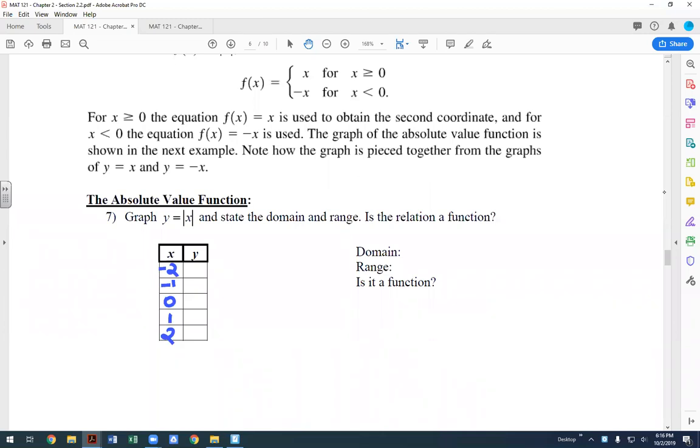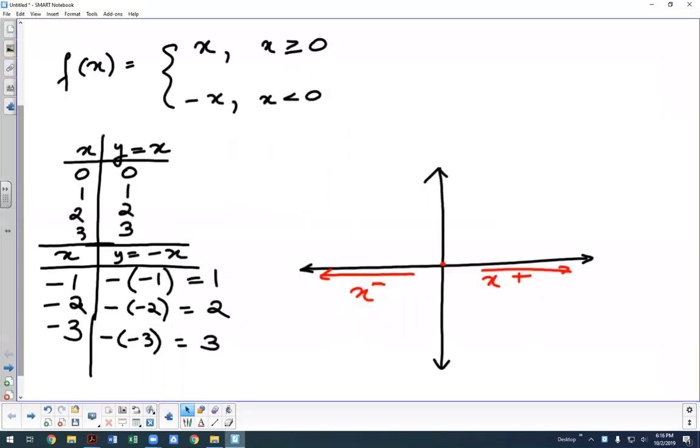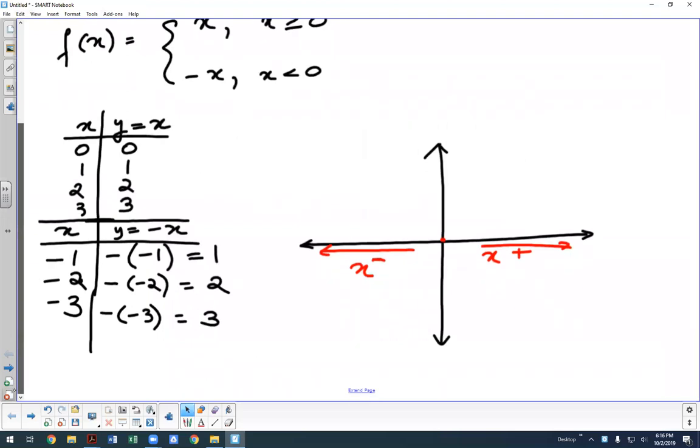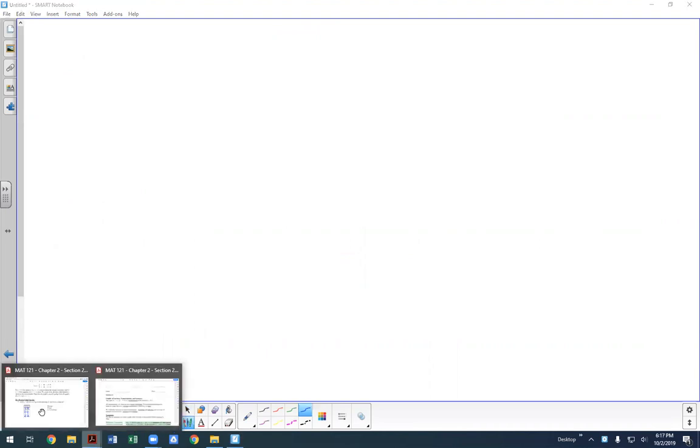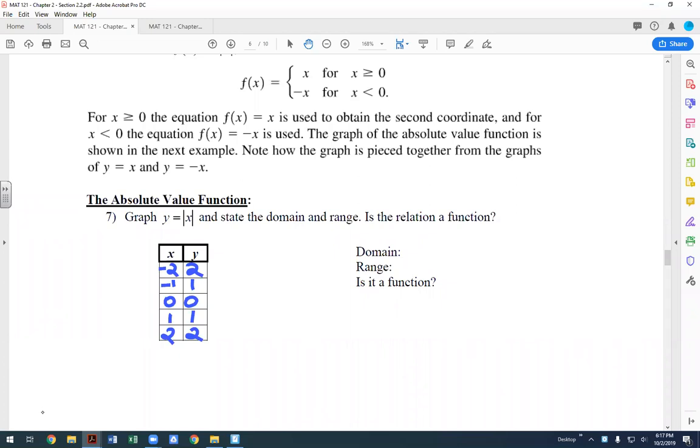Okay, so remember, negatives will become positives, 0 will of course stay 0, and positives will stay positives. So let me actually do a little bit of a better graph for this guy.